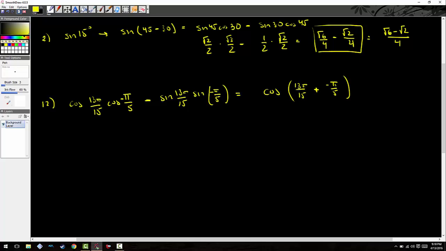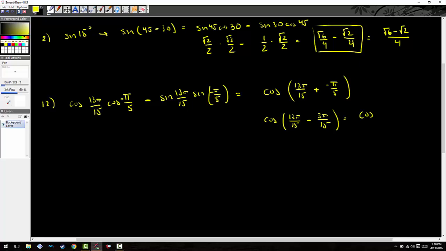Okay? So, what does this ultimately look like? It looks like cosine of 13 pi over 15 plus a negative is minus. Now remember, I also want to get a common denominator here. So if I multiply the top and bottom by 3, then I get 3 pi over 15. Well, what does that give me?